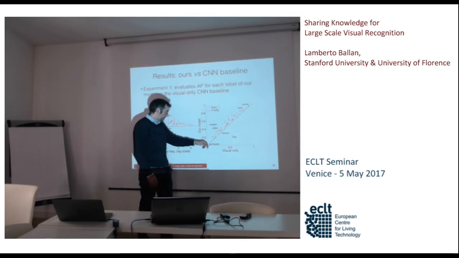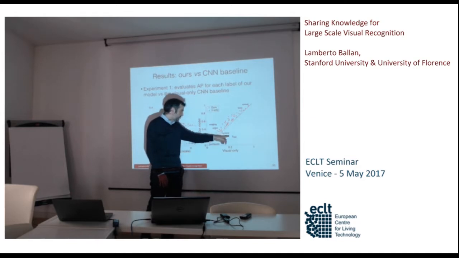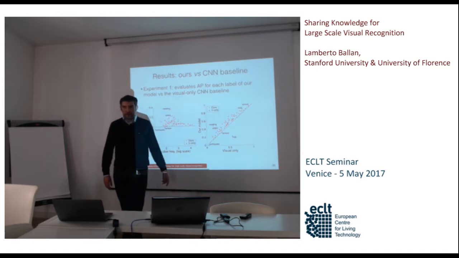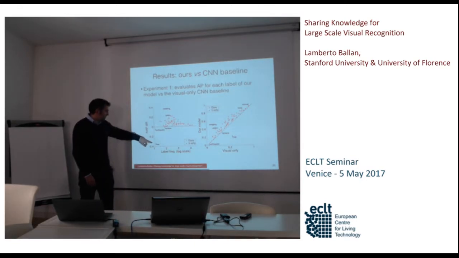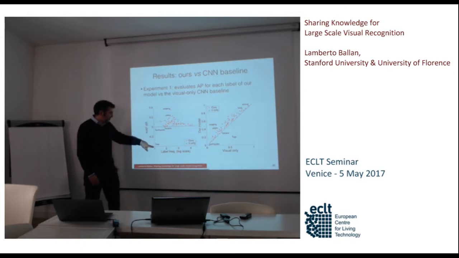It's very interesting to observe that the only class where we really lose performance is this map. And the reason is that if you look at this other plot, these are the same numbers, but in this case we are looking also at the label frequency. The problem here is that for two of these classes, you have very, very few examples, like 5, 10 examples.